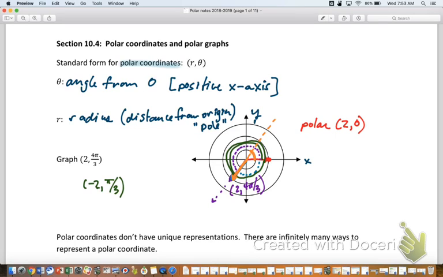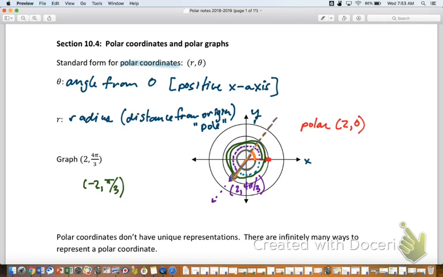Yeah, so if we look at this in terms of a lovely gray color, we could rotate negative 5 pi over 3, which would have us facing that way, and we would walk backwards 2, like before. And maybe you can see how not only could you do that, couldn't you then just add an extra revolution to each of those? And we can do that forever and ever and ever. That's why I say there's an infinite number of ways to get to the same point using polar coordinates.